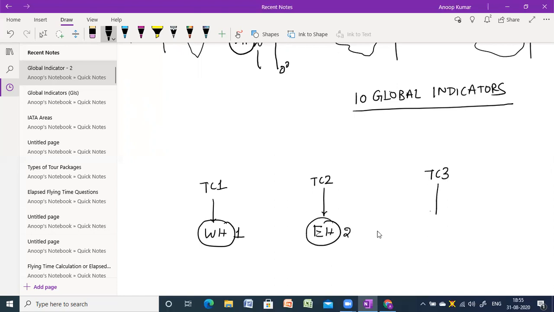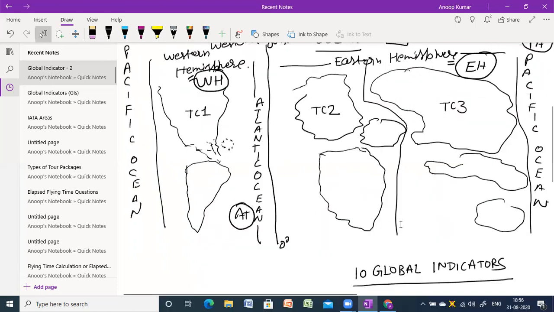Then if the flight is moving only in TC3, the global indicator will again be EH, Eastern Hemisphere, and this is our second global indicator. Now, if a flight is moving between TC1 and TC2 and it crosses the Atlantic Ocean, then in that case the global indicator is AT. So I explained to you that global indicators are affected by a lot of things.